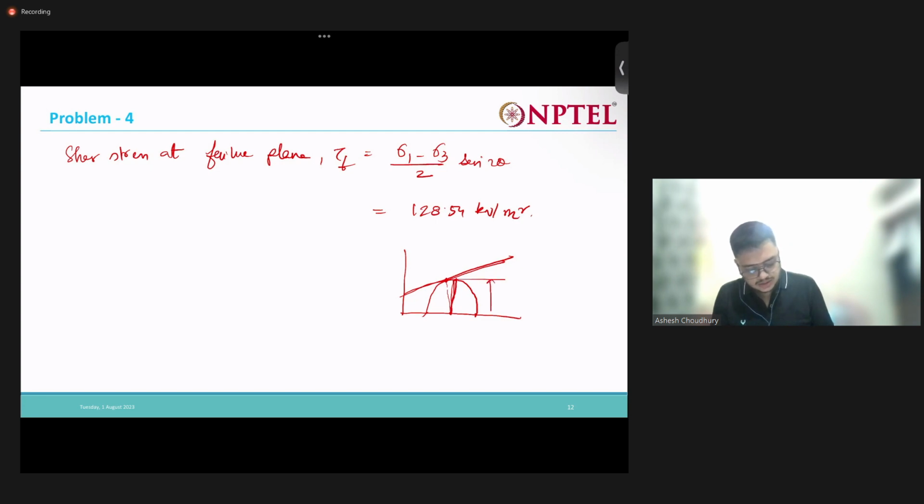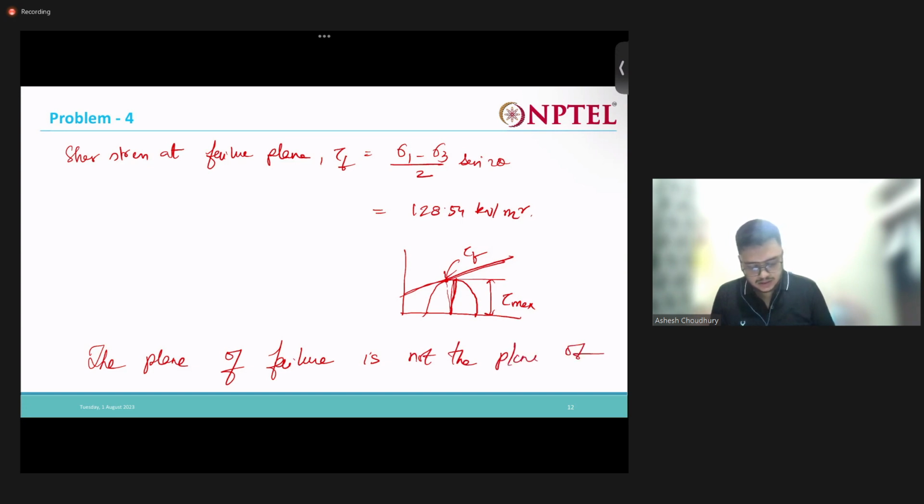This is tau max, and the shear stress at the failure point is tau f. So the plane of failure is not the plane of maximum shear stress.